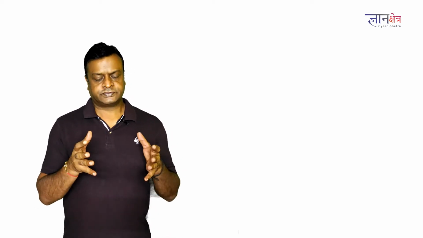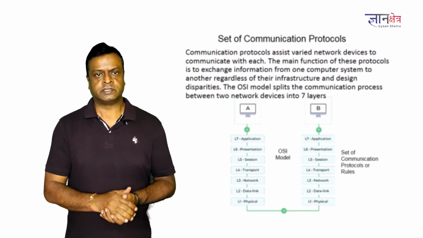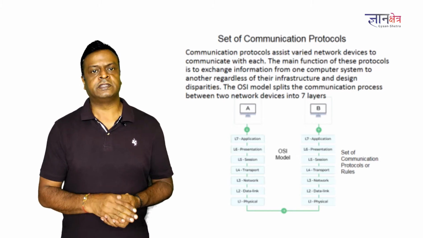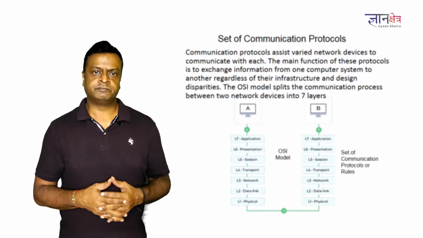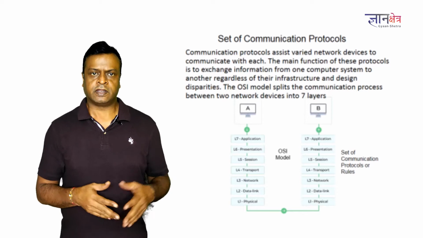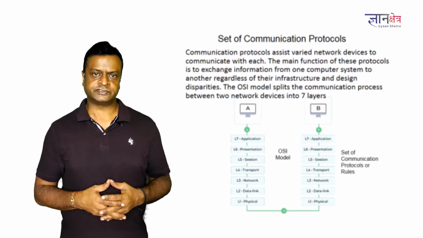So communication protocols assist a variety of network devices to communicate with each other. The main function of these protocols is to exchange information between network devices regardless of their infrastructure and design disparities.